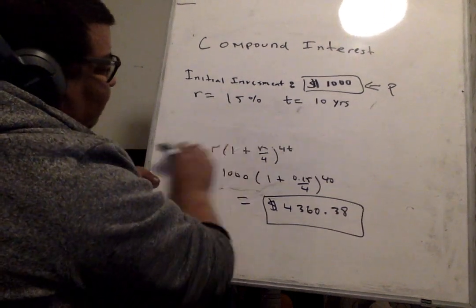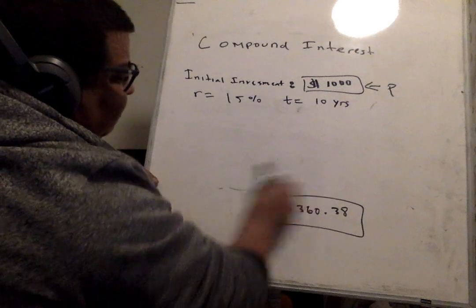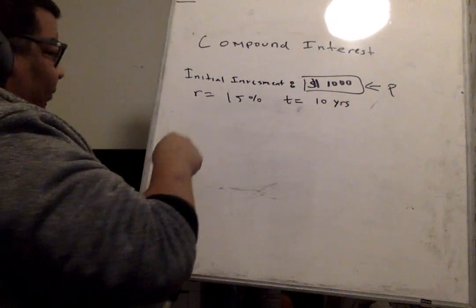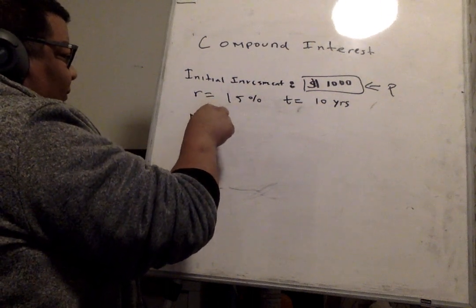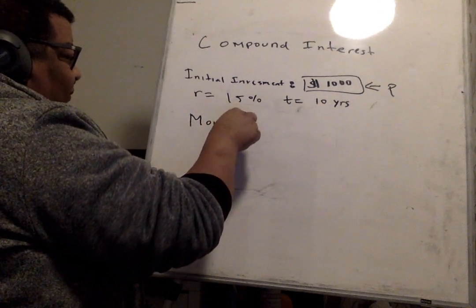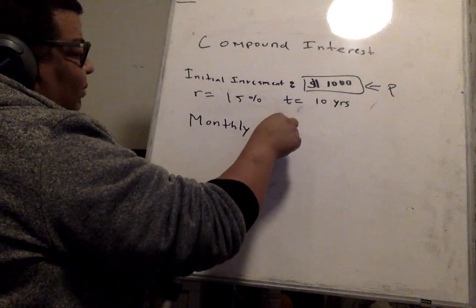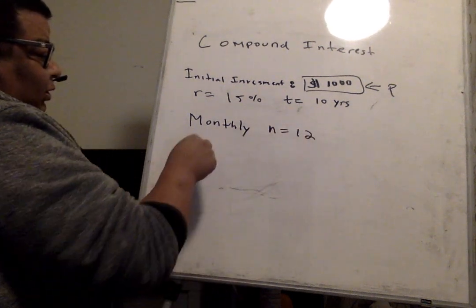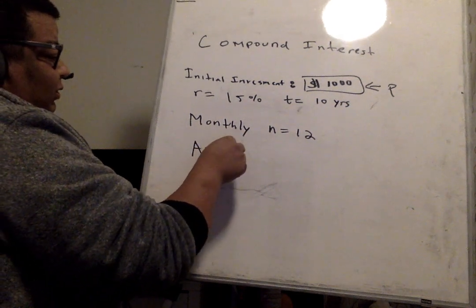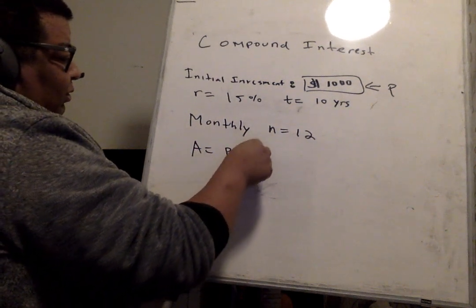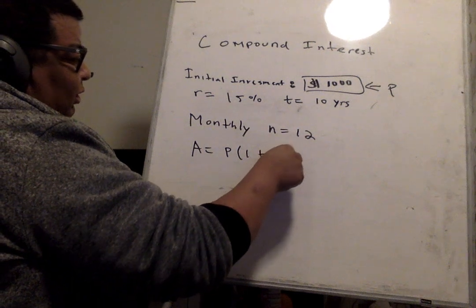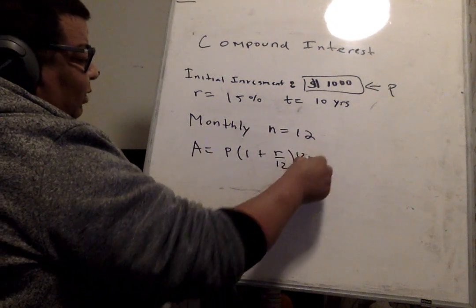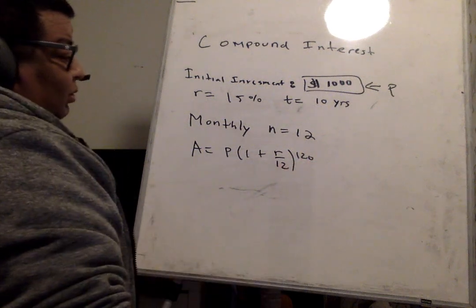Now let's see what happens if we compound monthly. Monthly, that means that your N has to equal 12. Then your formula is gonna look like this. P(1 + r/12)^120, because 12 times 10 is 120.